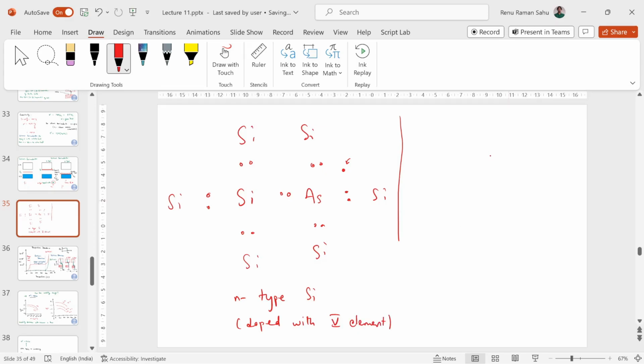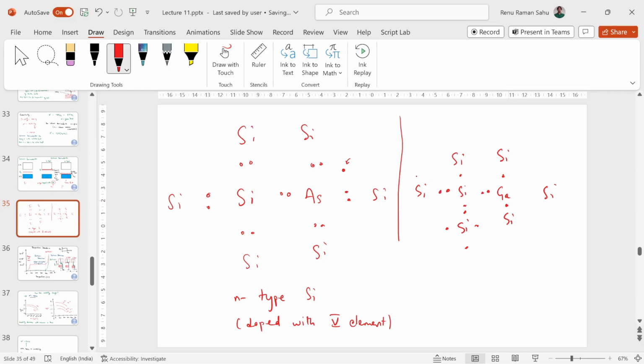Okay, in a p-type semiconductor, what will happen? Silicon and, let's say, gallium. Gallium will have only 3 electrons. This silicon will have 1, 2, 3, 4. This silicon will have 1, 2, 3, 4.